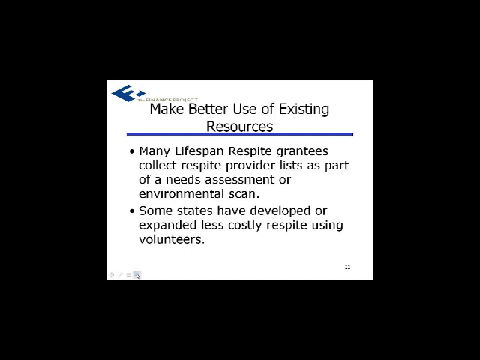And I would invite you, as we're going through these examples, to definitely type in anything that your state or coalition has been able to use as a sustainability strategy.